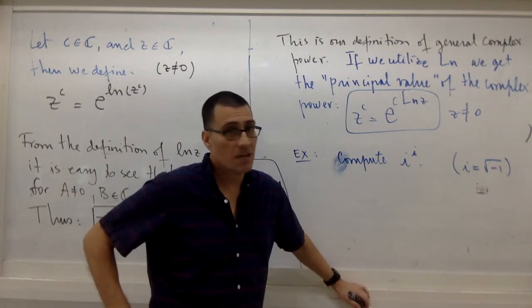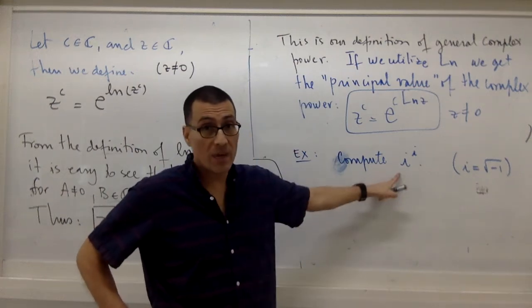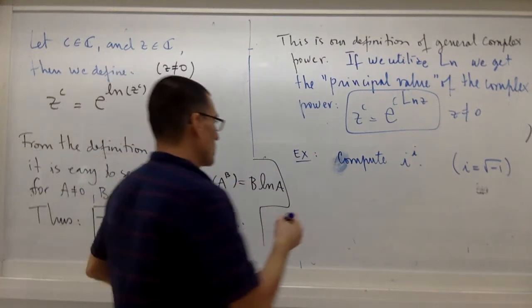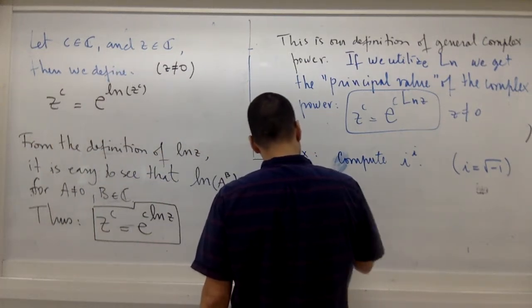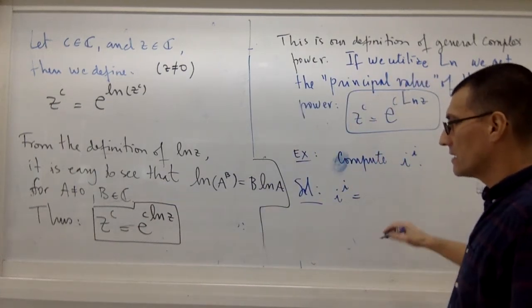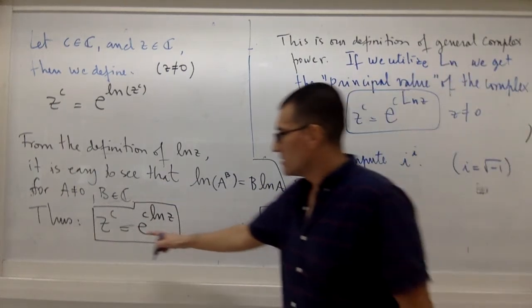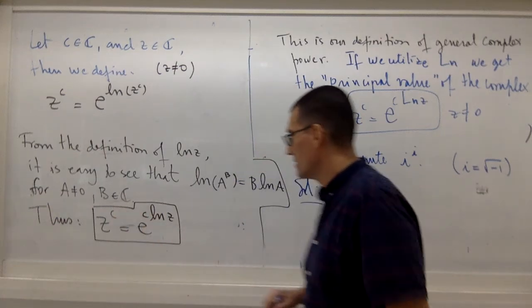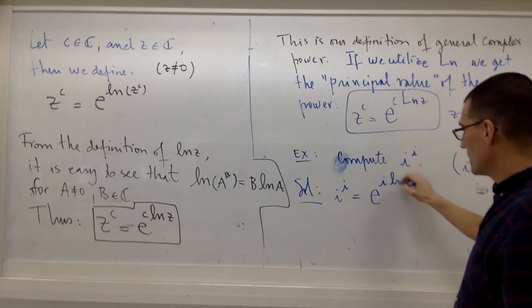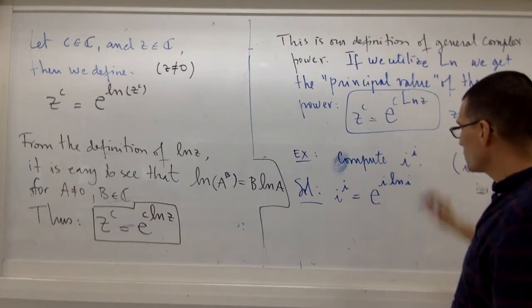So that's something you cannot do in the real world, but we can by utilizing this formula right here. So both z and c are I. So I'm going to replace there c by I, and then z by I as well.